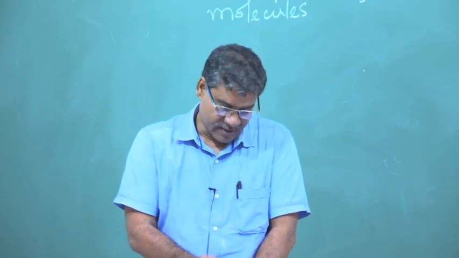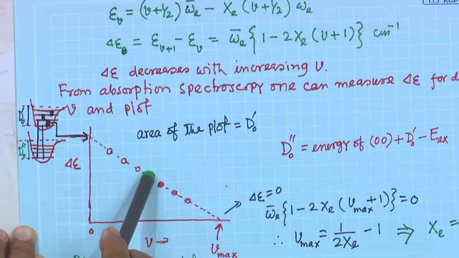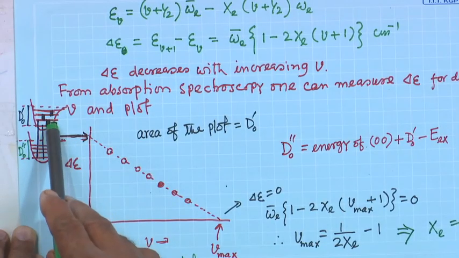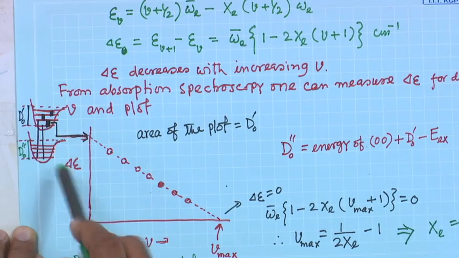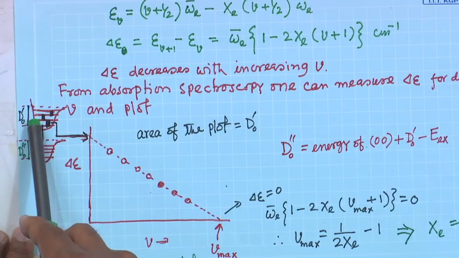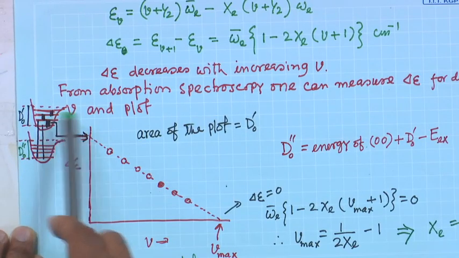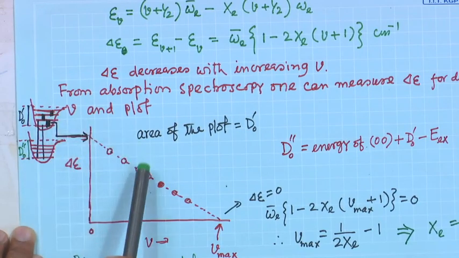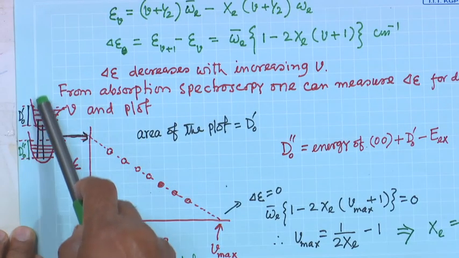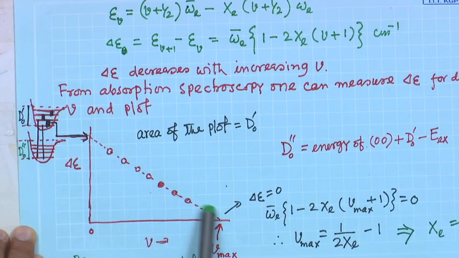So, whatever we have plotted is the energy difference between two successive levels. This one is this, the next one is this, and the next one is this. Their separation is decreasing, and that is why it goes to 0.